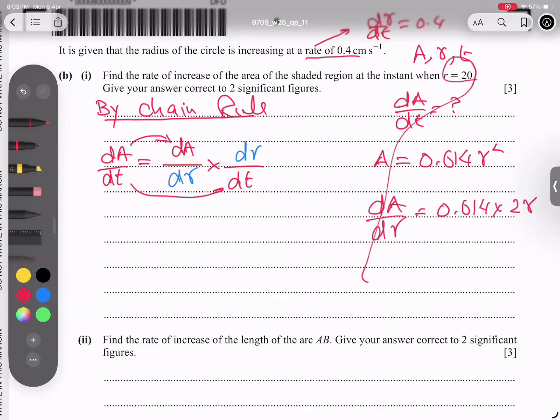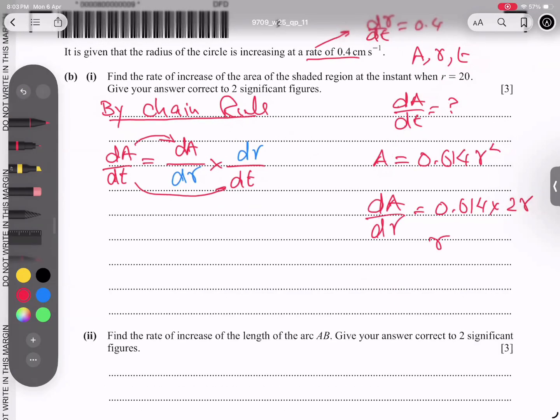But he said when r is 20, so I am going to plug in r equal to 20. So dA by dr is 0.614 times 2 times 20. When I do this, I get 24.5673. And he asks us to find 2 SF.